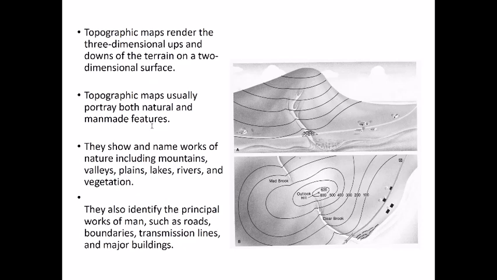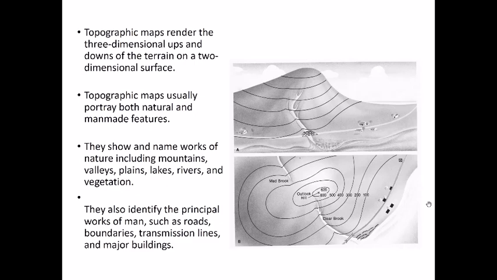You can also depict man-made features as well. They show and name works of nature, including mountains, valleys, plains, lakes, rivers, and vegetation. They also identify the principal works of man, such as roads, boundaries, transmission lines, and major buildings. So you can show those as well. Basically, you get an idea about the entire nature of the land that we are talking about by looking at these maps.